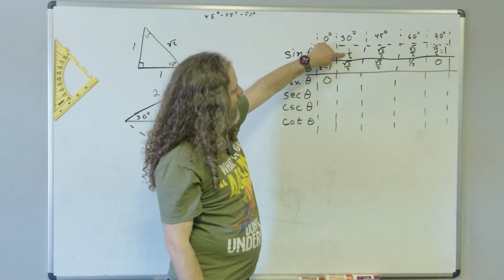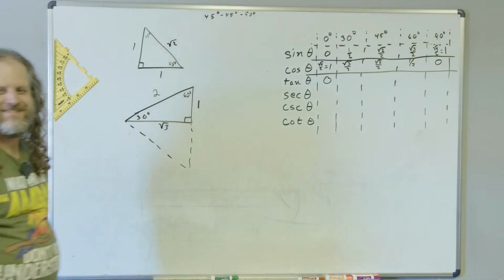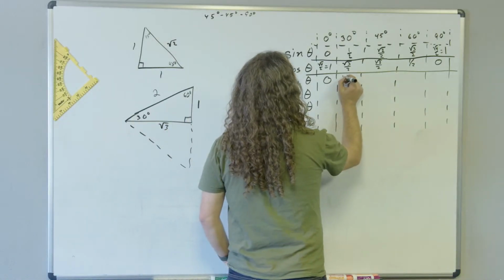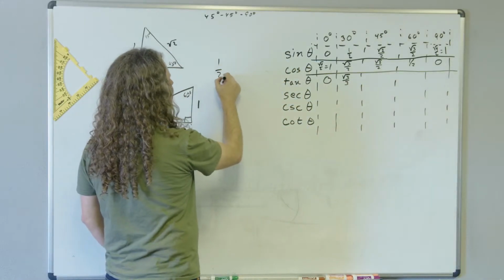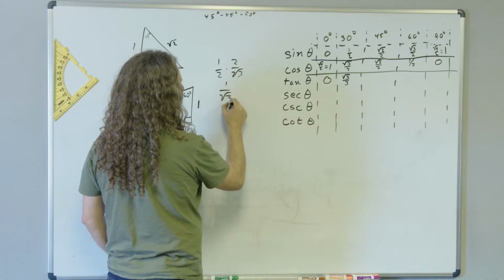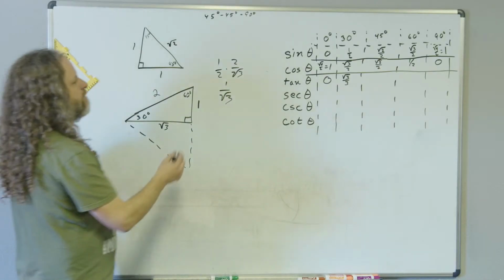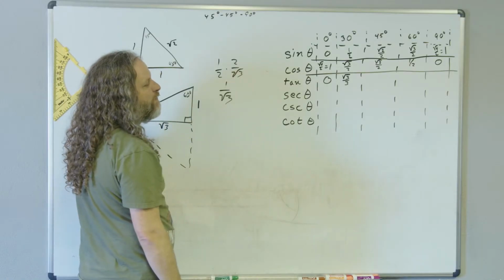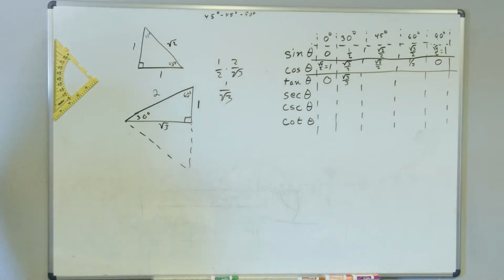And then what's 1/2 divided by the square root of 3 over 2? 1/2 times 2 over square root of 3 is 1 over the square root of 3, which is square root of 3 over 3. When you divide fractions, you multiply by the reciprocal. I was thinking the other way. I was thinking the square root of 3 over 2 is on top. Yeah, okay. I get it now.